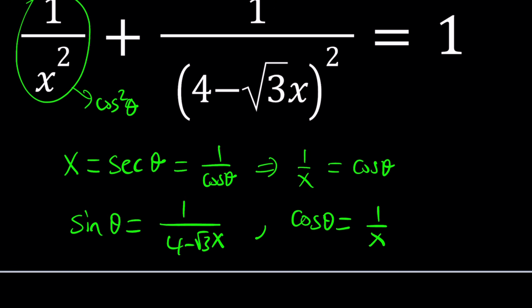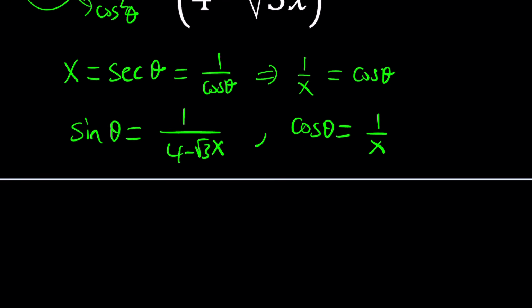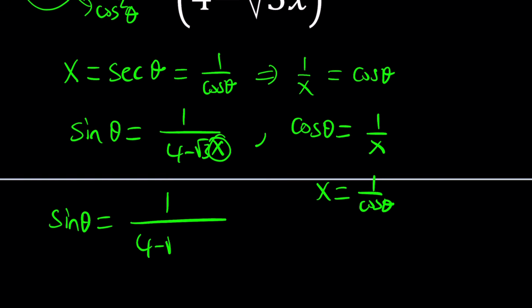So let's put this all together and see what we get. The best way to approach it is probably to replace the x here with 1 over cosine theta, so sine theta is equal to 1 over 4 minus square root of 3 times 1 over cosine theta.